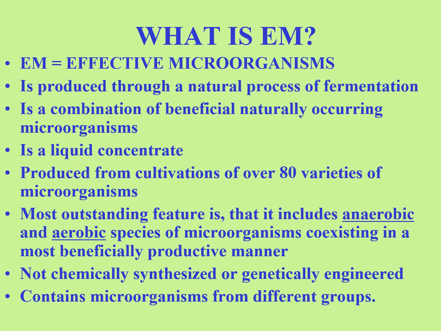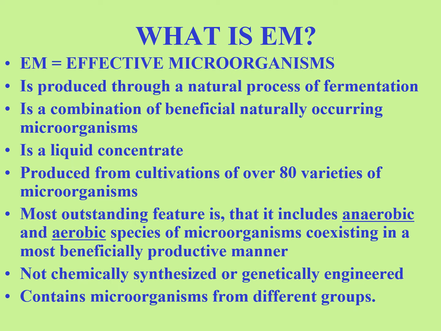What is EM? EM is effective microorganisms. It is produced through a natural process of fermentation, is a combination of beneficial naturally occurring microorganisms, and is a liquid concentrate produced from cultivations of a variety of microorganisms. Its most outstanding feature is that it includes anaerobic and aerobic species of microorganisms coexisting in a most beneficially productive manner.